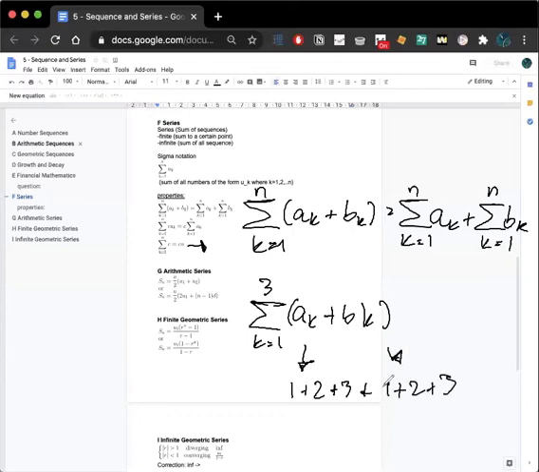I think it's something like that. And you can kind of separate it, right? And the other one is like 1 plus 1 plus 2 plus 2. That would be this one, right? And this one would be the same as that one. Does that make sense? Yeah.